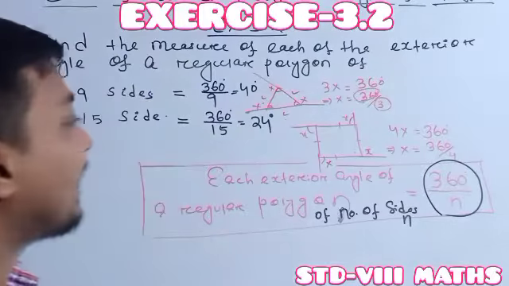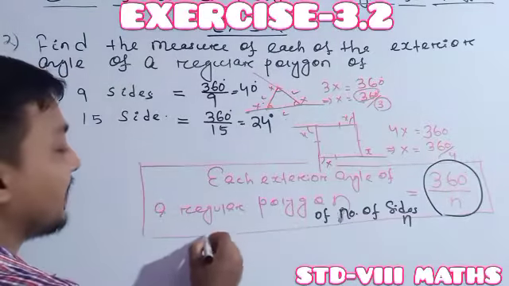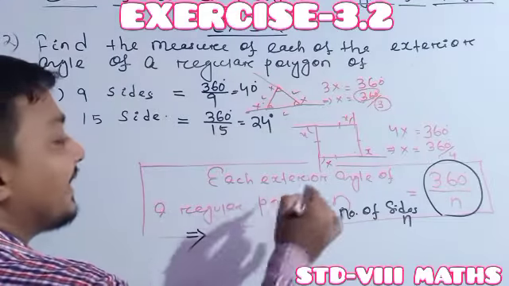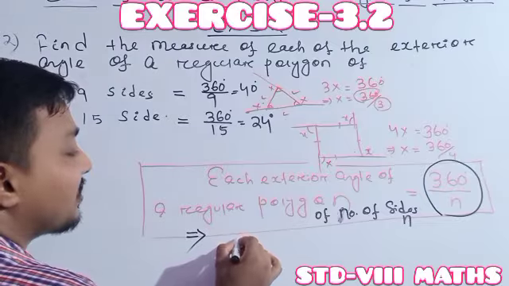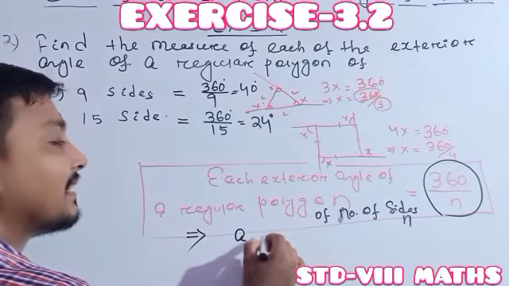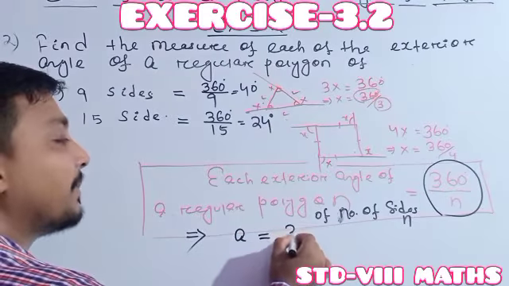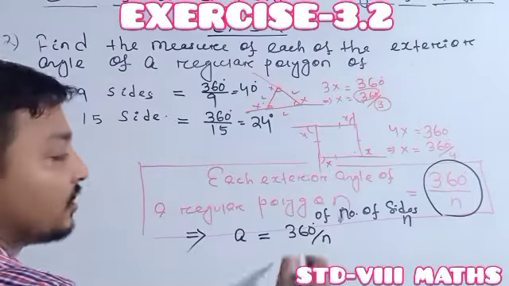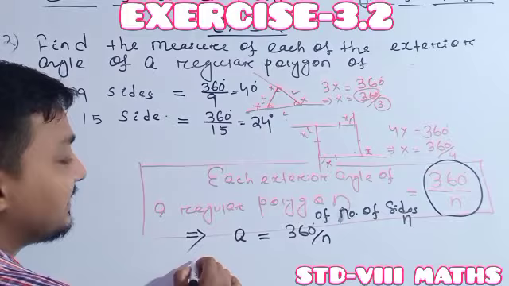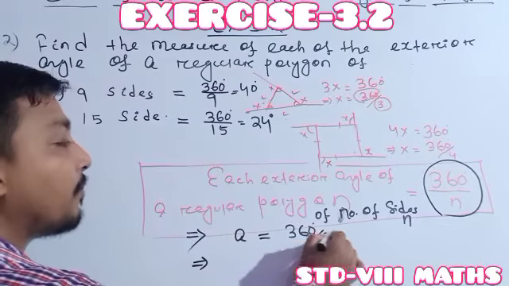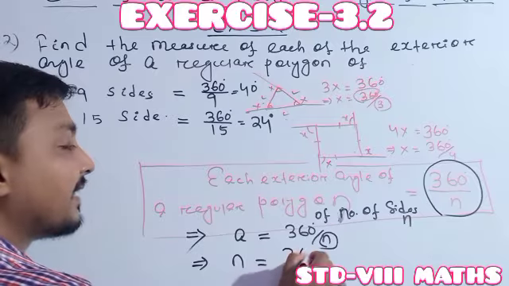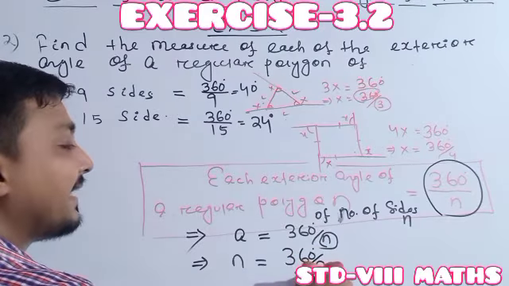Also, another formula can be derived here. Remember, another formula can be derived. Suppose A is each exterior angle, so its formula is 360 degrees divided by n. From this formula, if one is interested in finding the number of sides, the number of sides is 360 degrees divided by each exterior angle.